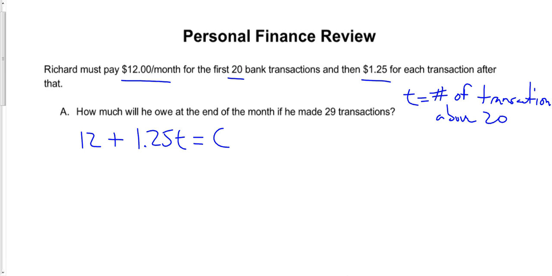Here it tells us he's made 29 transactions, so 29 minus 20 is going to equal 9. So that's 9 transactions above 20 that he has to pay extra for.